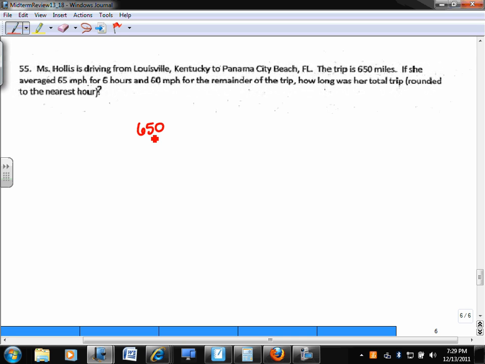She averaged 65 miles per hour for 6 hours. So 65 mph for 6 hours. And then 60 mph for the remainder of the trip.